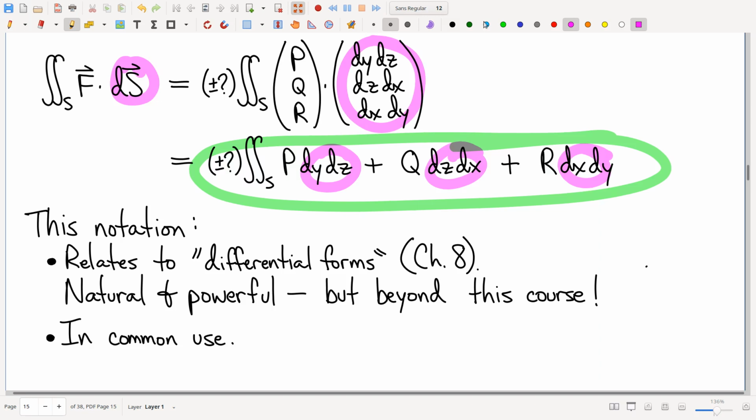And as such, lined up accordingly, these scalar integrands that you see attached to those coordinate differentials, that's just a fancy way of telling you what your vector field is.